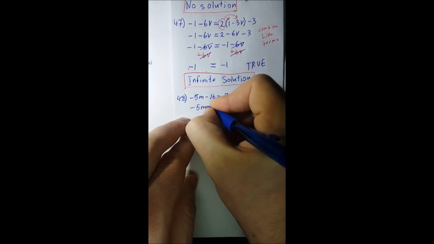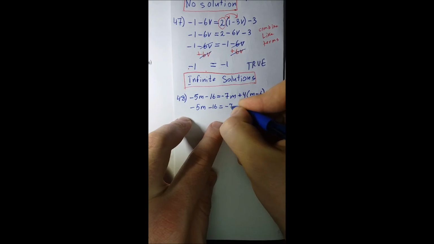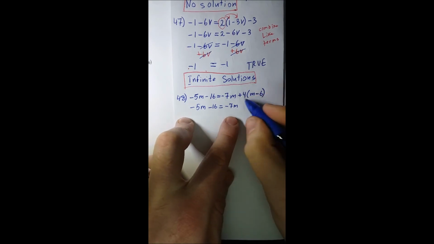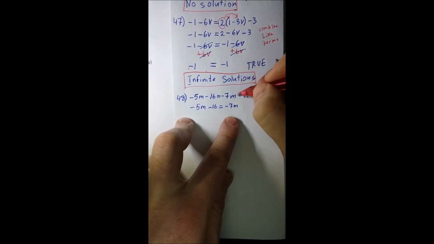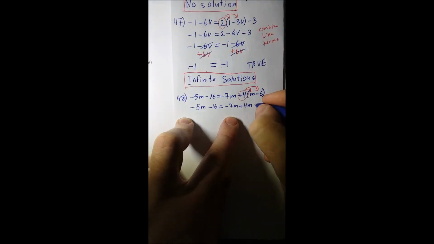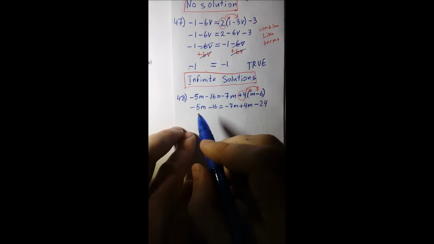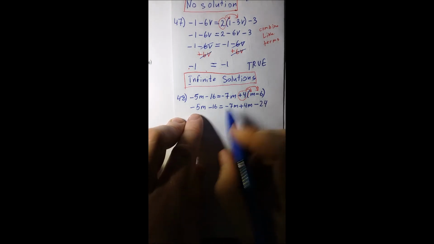Minus 5m minus 16 equals minus 7m. Then we distribute this positive 4 into this parenthesis. So it's going to be plus 4m minus, and again, 4 times negative 6 is minus 24. So you're looking at that. Now, combine like terms.